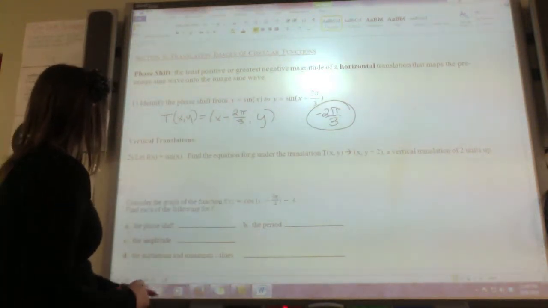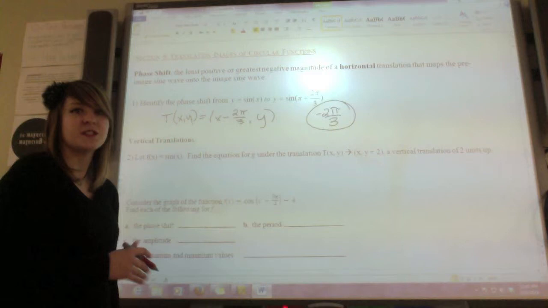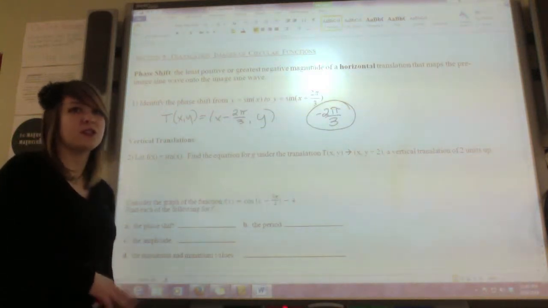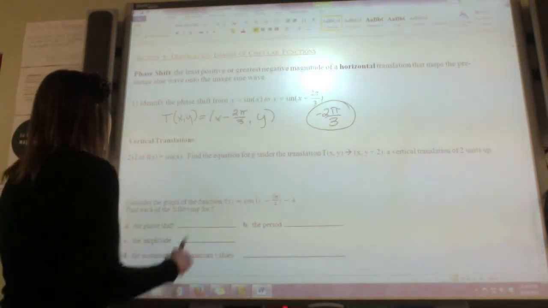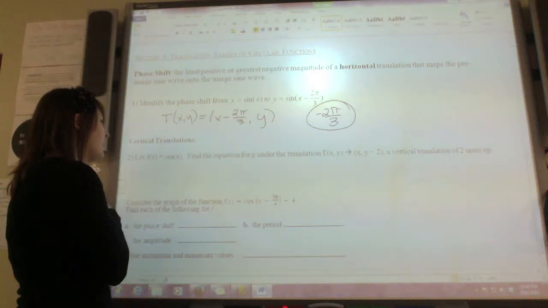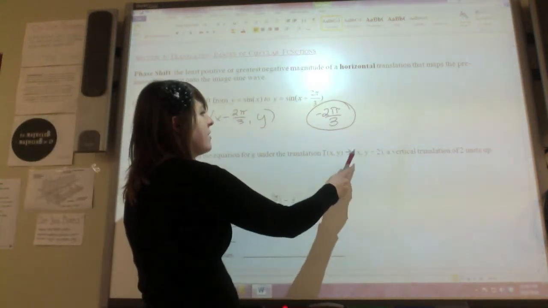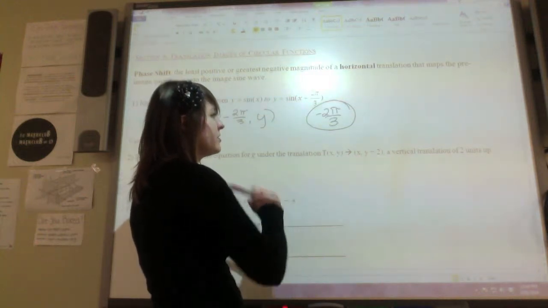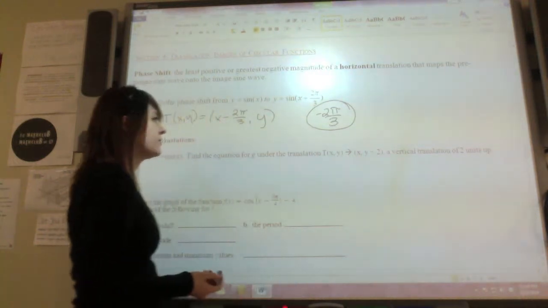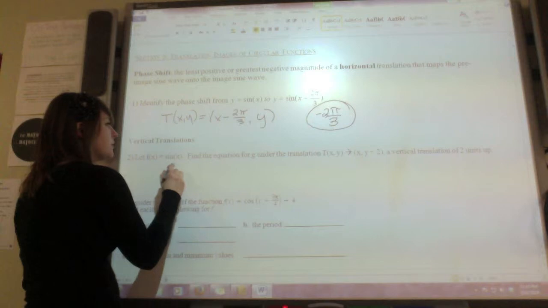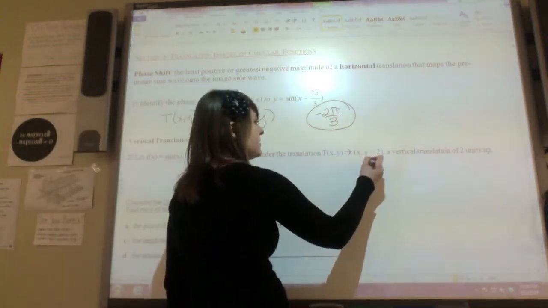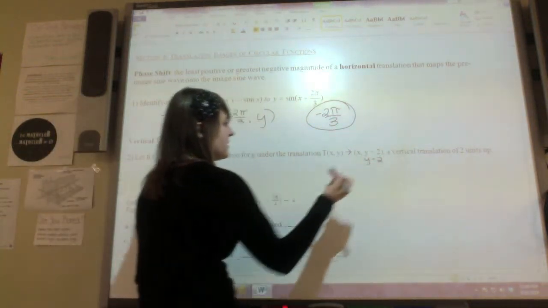Now, vertical translations are just a shift up or down, so that's changing your y value. If we let f of x equal sine of x, we want to find the equation for g under the translation t of (x, y) maps onto (x, y plus 2), which is a vertical translation of 2 units up. Remember, the first thing I do is the opposite of each of these things.